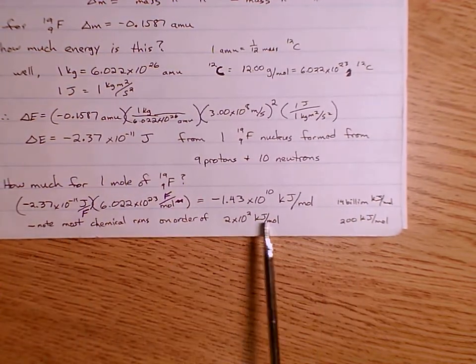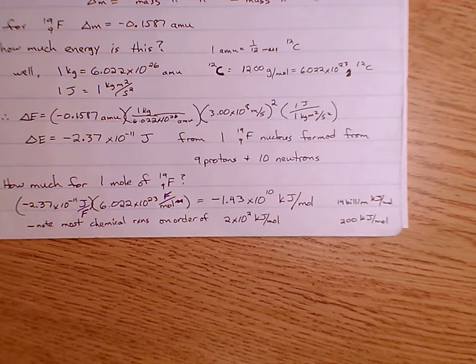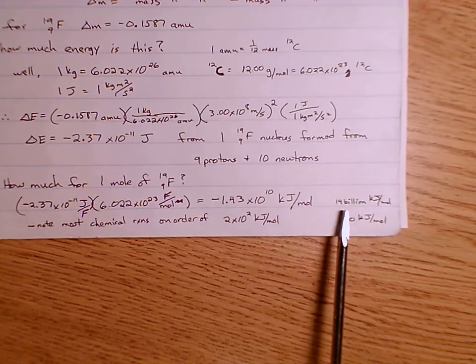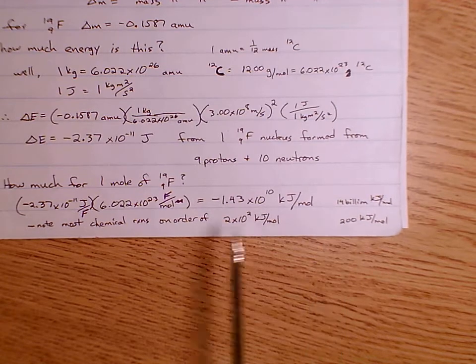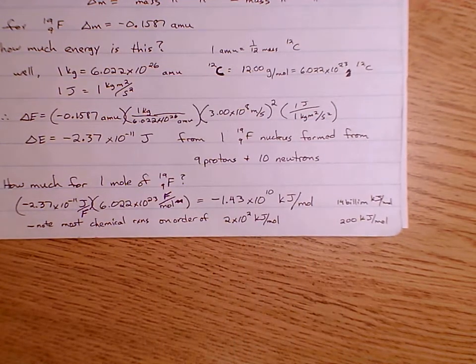Note, most chemical reactions are about 200 kilojoules per mole. So making 1 mole of fluorine 19 from its protons and neutrons releases 14 billion kilojoules of energy, whereas most chemical reactions release only 200 kilojoules.